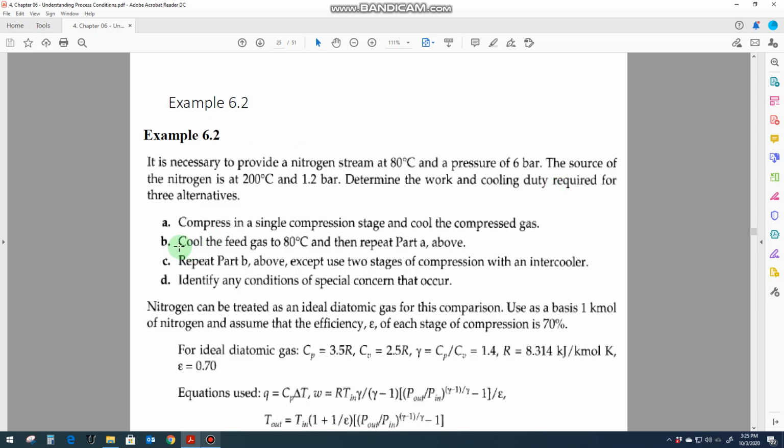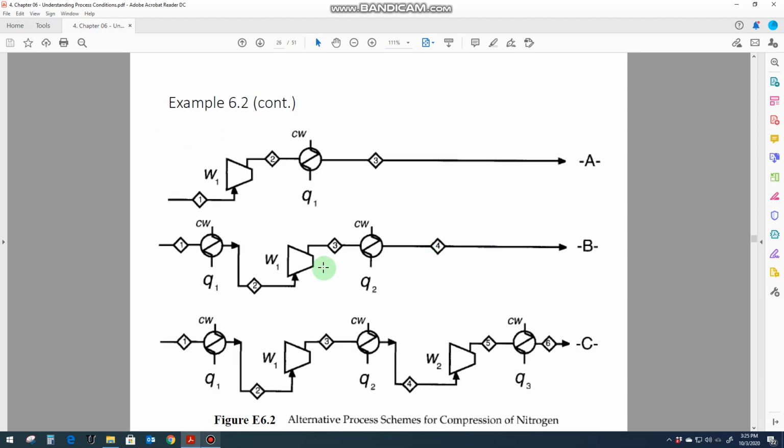Second one, cool the feed gas to 80 degrees centigrade and repeat part A. Here you would first cool down the gas from 200 degrees centigrade to 80 degrees centigrade, then compress it in a single stage, and then cool down again to 80 degrees centigrade.